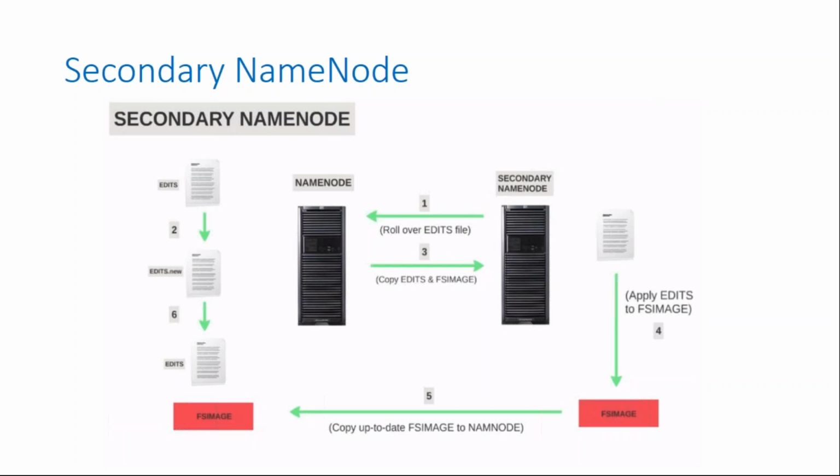The name node then renames edits new to edits and starts writing the new requests. This happens periodically, say every 1 hour. So every 1 hour, the secondary name node gets the edits log, merges the changes with the FS image, and writes it back to the name node.